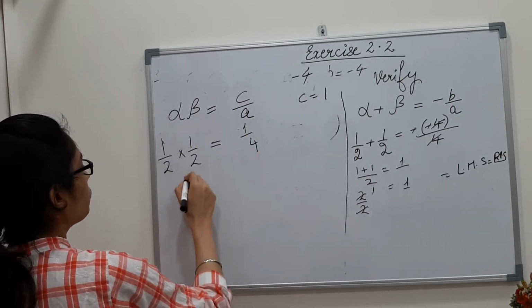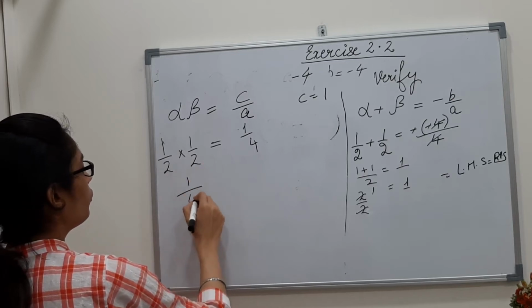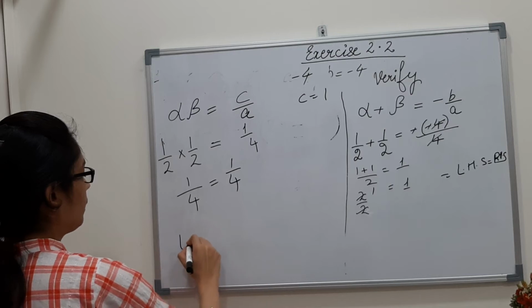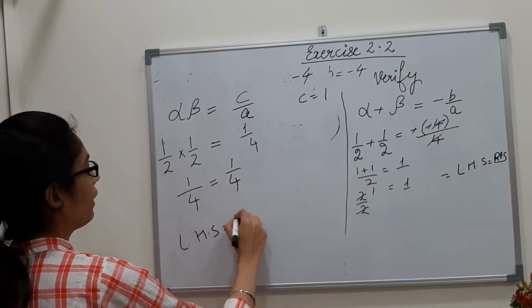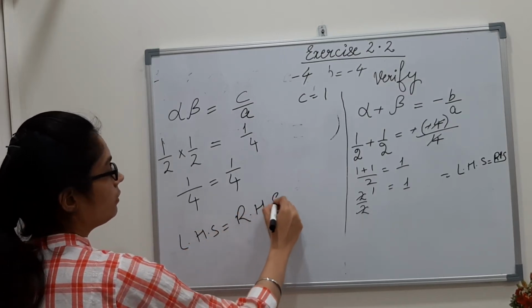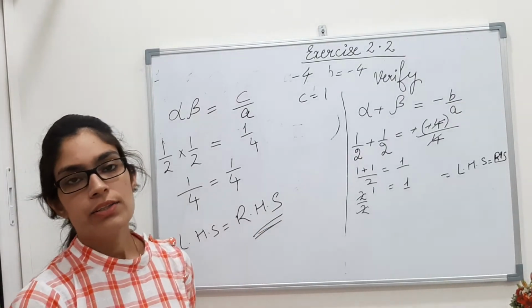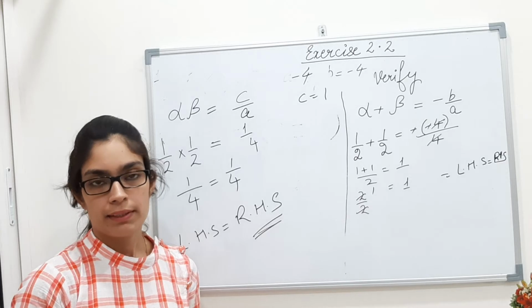Now 1 into 1, 1, 2 into 2, 4. So again 1 by 4 is equals to 1 by 4. That means left hand side equals to right hand side, and hence your zeros are verified for both addition and multiplication.